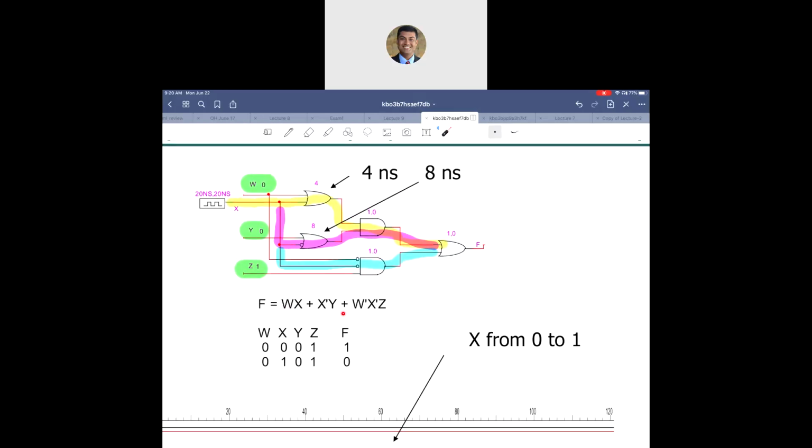So if that is the function, you leave w as is, you leave y as is, and you leave z as is. So you're literally keeping this the same, this the same, this the same. You're only changing x. Only one input changes. F is going from 1 to 0.